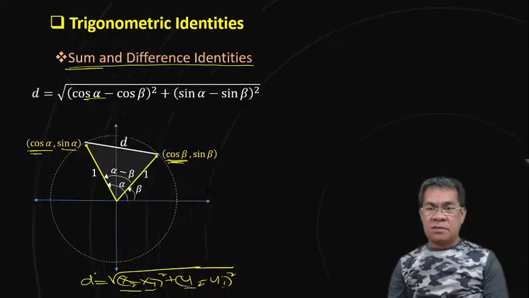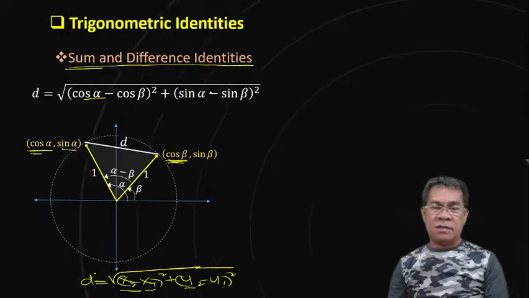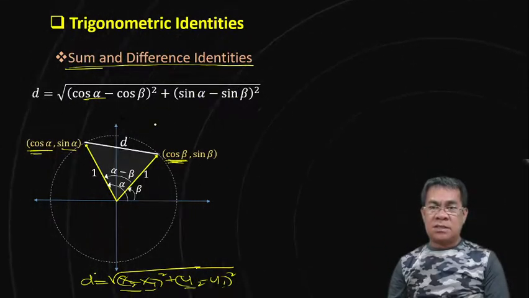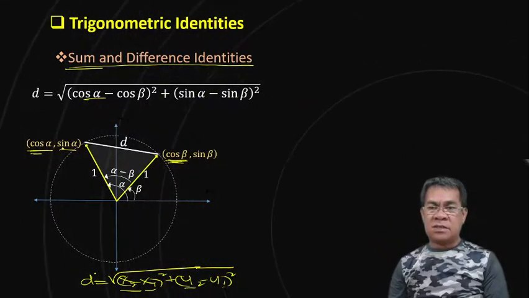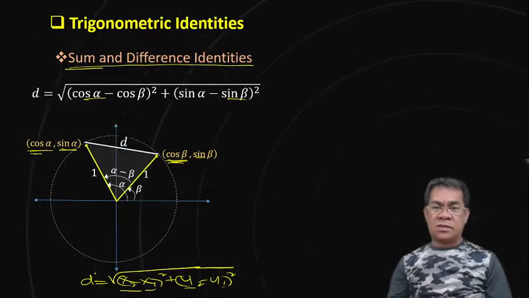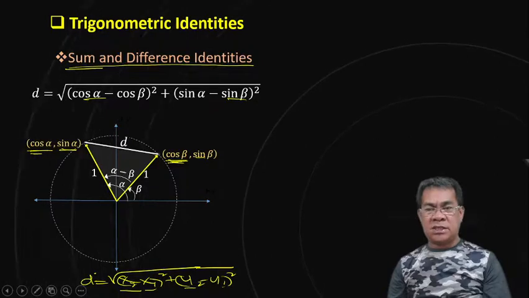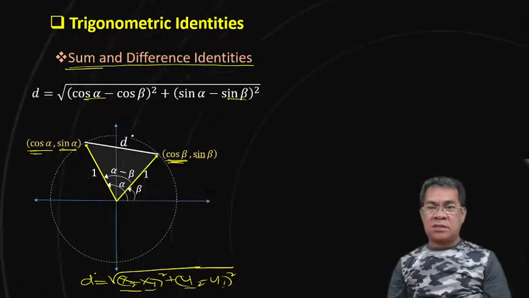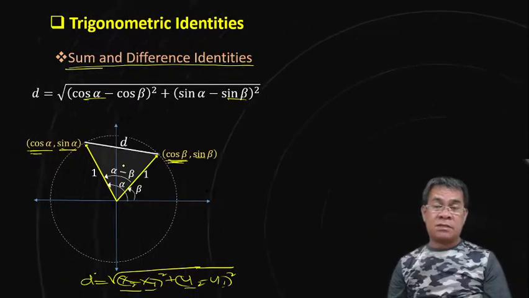So cosine of alpha minus cosine of beta, squared, plus sine alpha minus sine beta, this is y2 minus y1, then square it. Then take the square root. This is the process of calculating the distance between 2 points.